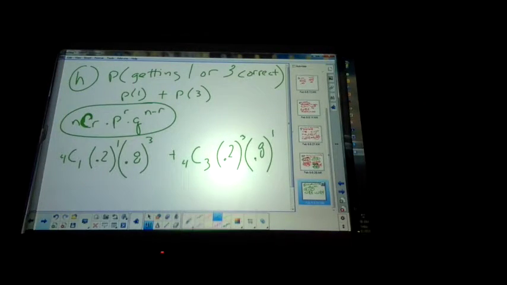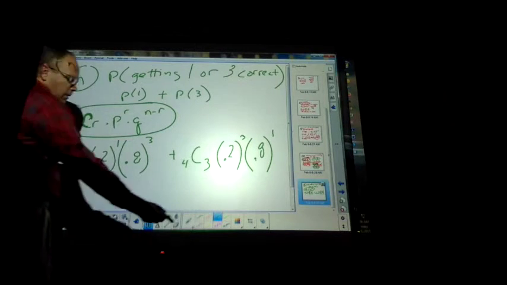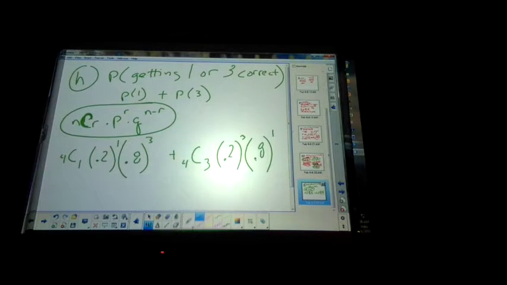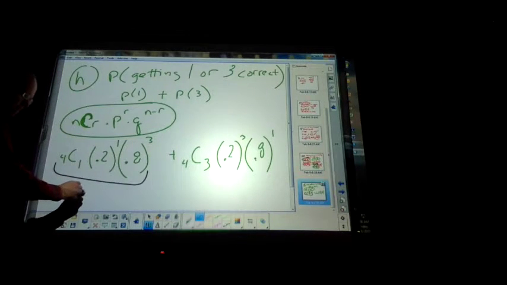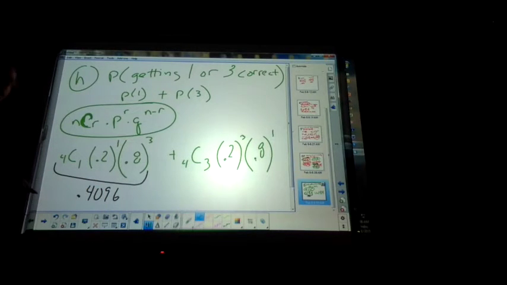So 4 choose 1. Help me out. We've done it, but I can't remember what it is. The whole answer? That's 0.4096. The whole thing? No, you just yelled out an answer. Yeah, that's what that whole first one is. This right here comes to 0.4096, because we had worked that out already, right?